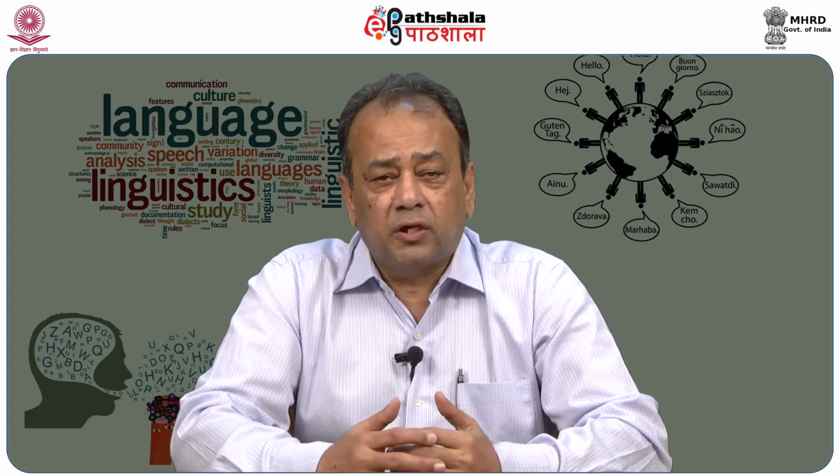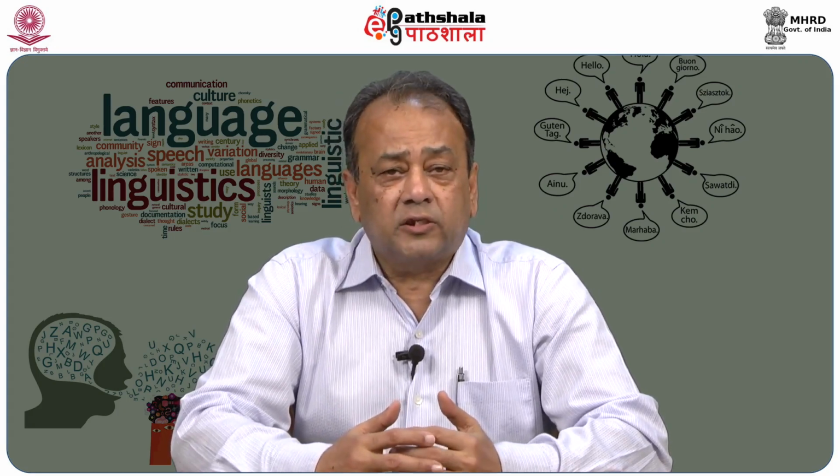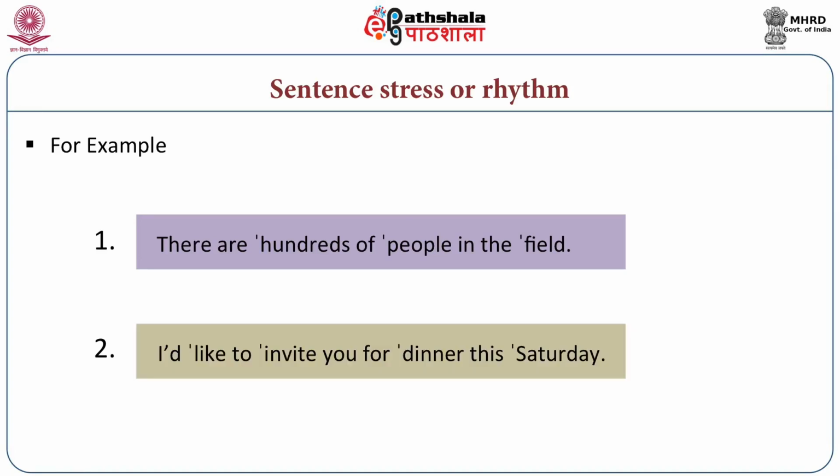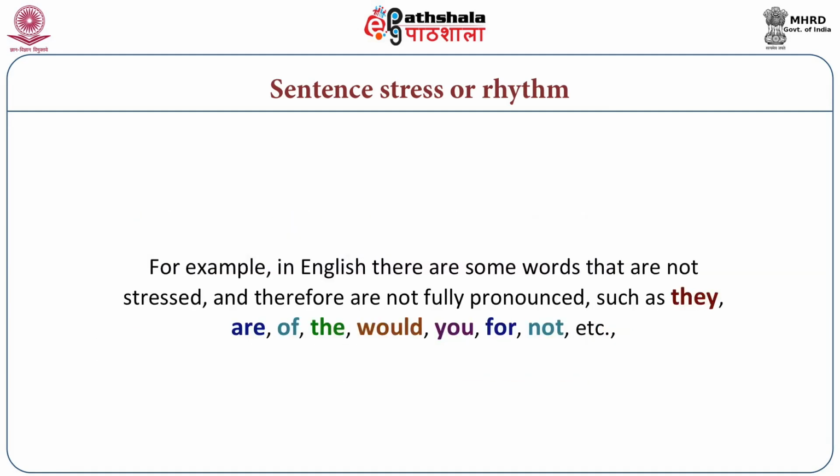Some examples to show that this is possible are given on the screen. We have 2 sentences on the screen. There are hundreds of people in the field. I would like to invite you for dinner this Saturday. The same sentences that were produced early on. Now notice that there are certain words which are not stressed in them, and as a result of which they are not fully pronounced.